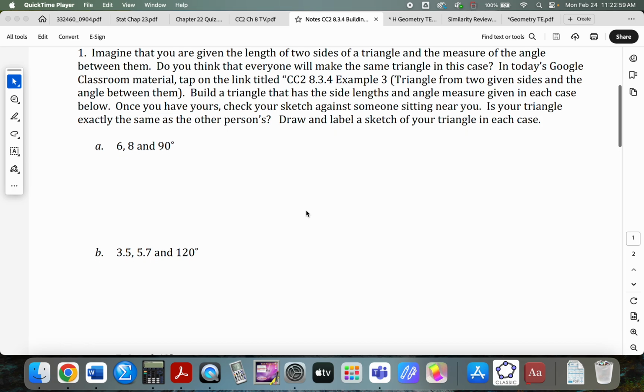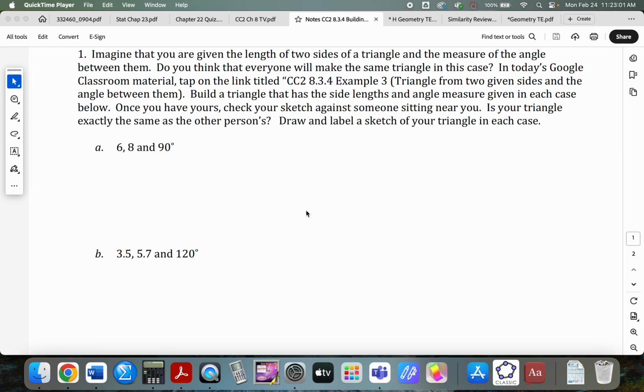So if you have not already done so, go into Google Classroom and tap on the link titled CC2 8.3.4 Example 3, Triangle from two given sides and the angle between them. I want you to build a triangle that has the side lengths and angle measure given in each case below.